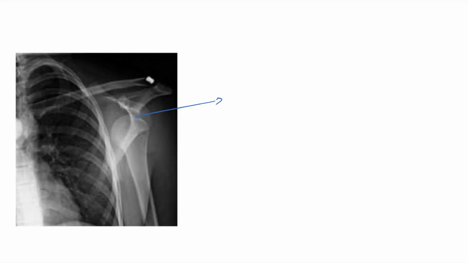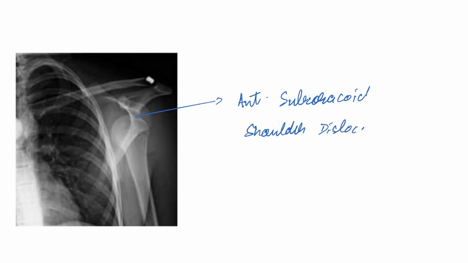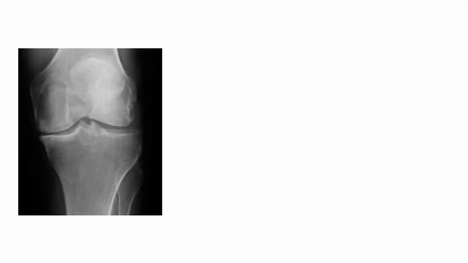This X-ray shows anterior subcoracoid shoulder dislocation. This again is anterior dislocation, but this view is known as scapular Y view.